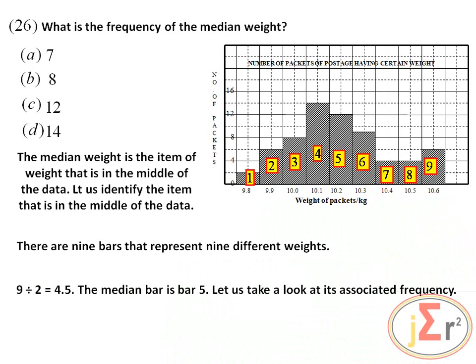The median bar is bar 5. Let us take a look at its associated frequency. So we have bar 5 there. Let us take a look at its associated frequency straight across from the top of it, and we have 12. Good. The correct answer is option C.